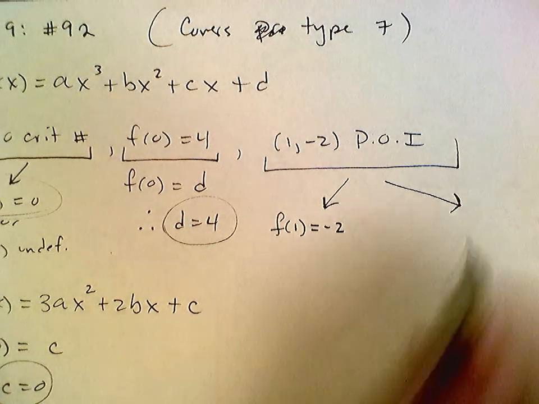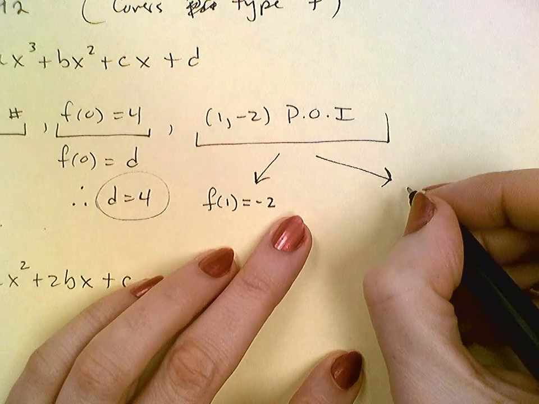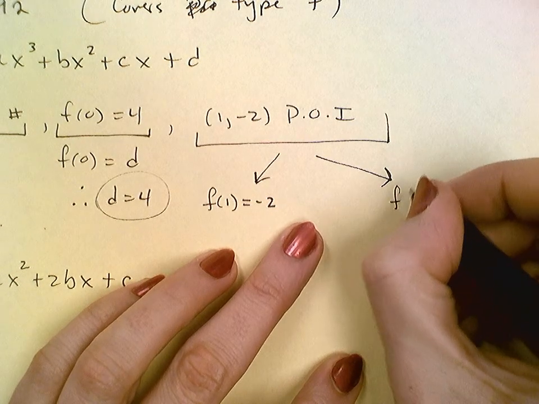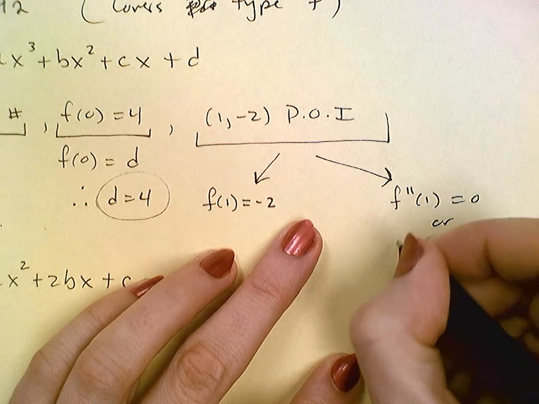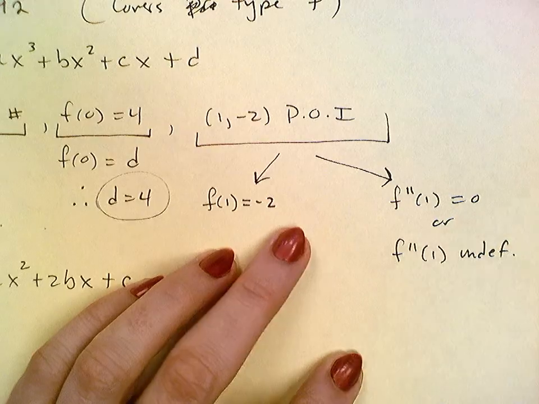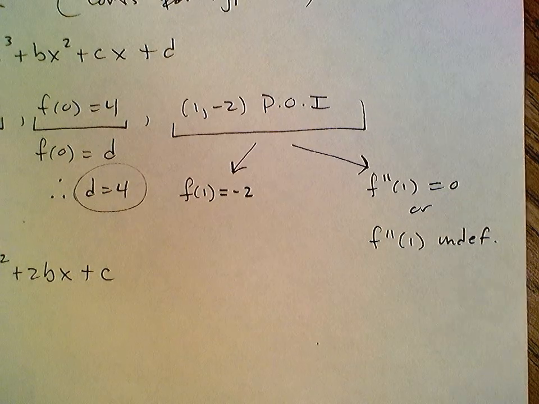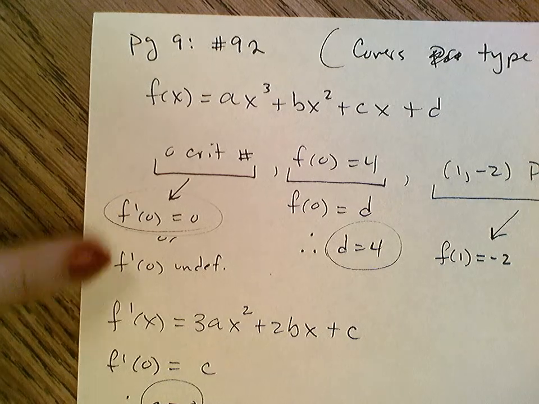But then also, if that's a point of inflection, we know that f double prime of 1 equals 0, or f double prime of 1 is undefined. All right, just like for this one here, if 0 was a critical number, we knew either this or this for the first derivative.